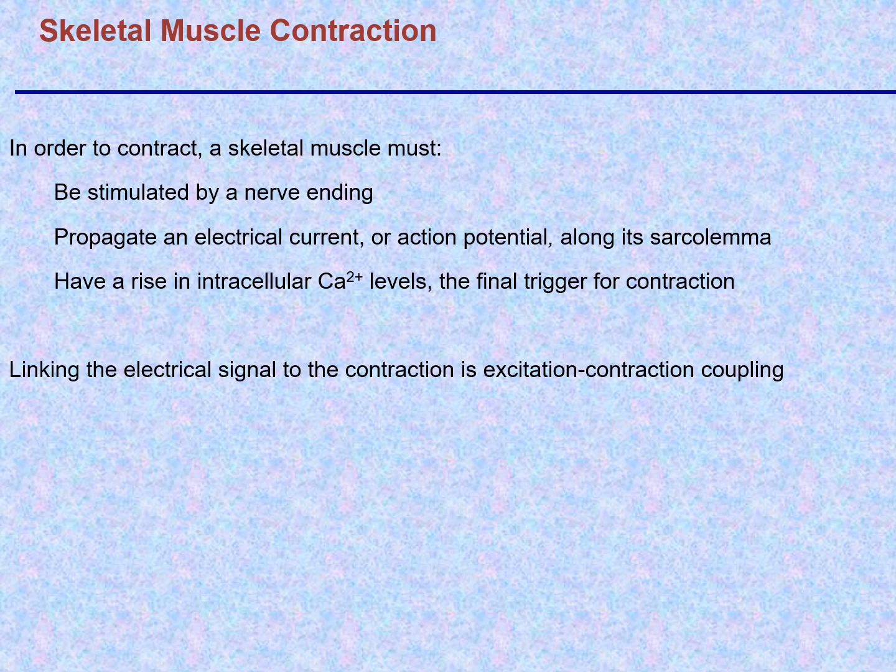Well, in order for skeletal muscle to contract, it has to receive a signal, a nerve impulse from axons, from motor neurons. You know, the outgoing motor commands, and this of course is the somatic motor system that we're talking about, the somatic nervous system, which sends signals to skeletal muscle, which is voluntary tissue.